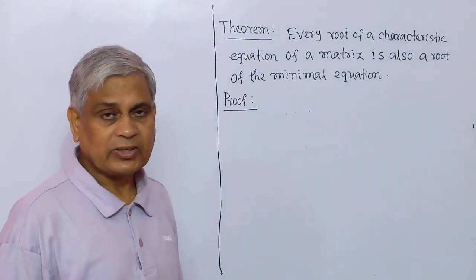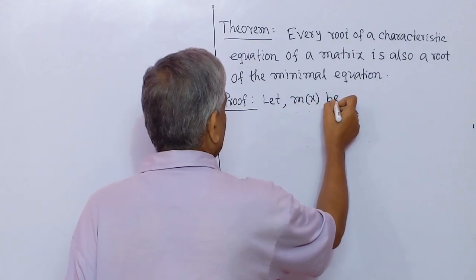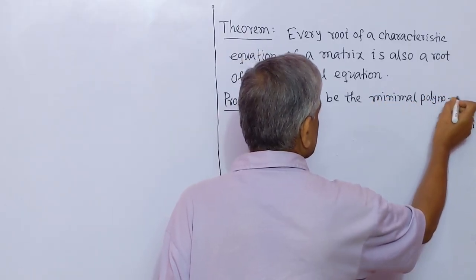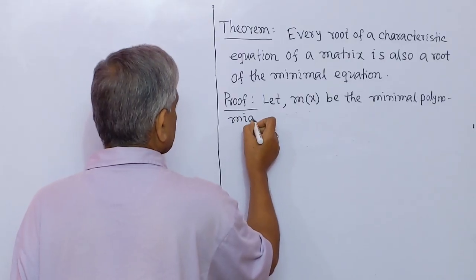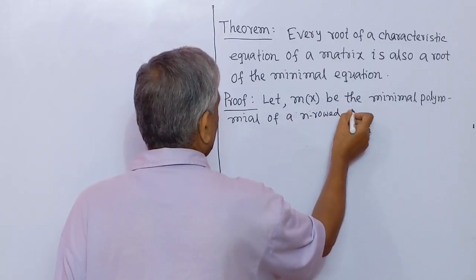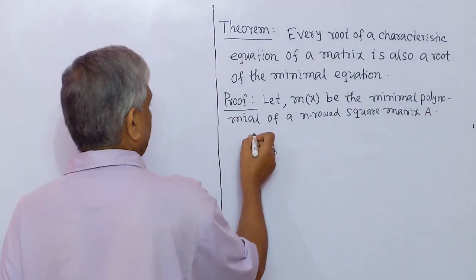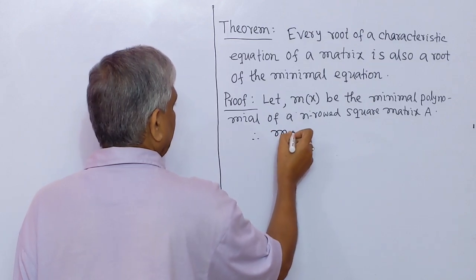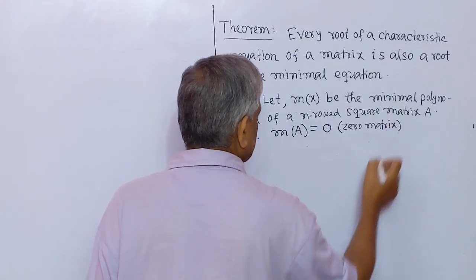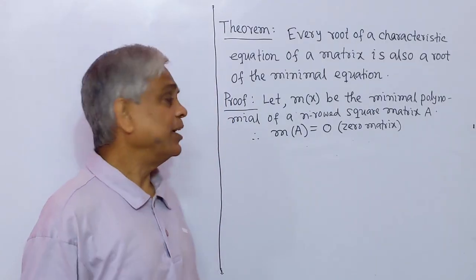Now we prove this. Let m(x) be the minimal polynomial of an n-row square matrix A. Therefore, m(A) equal to 0 matrix, because minimal equation of a matrix annihilates the matrix.